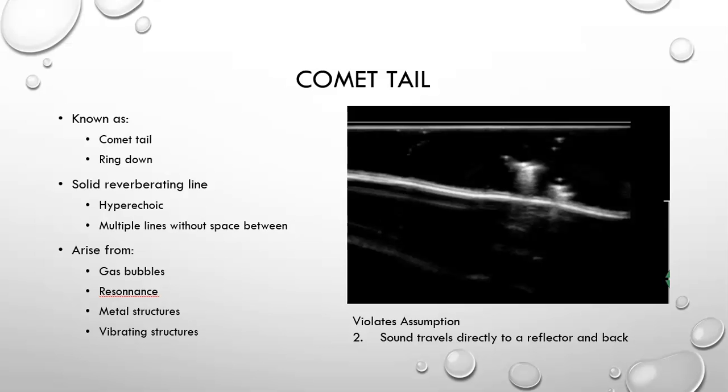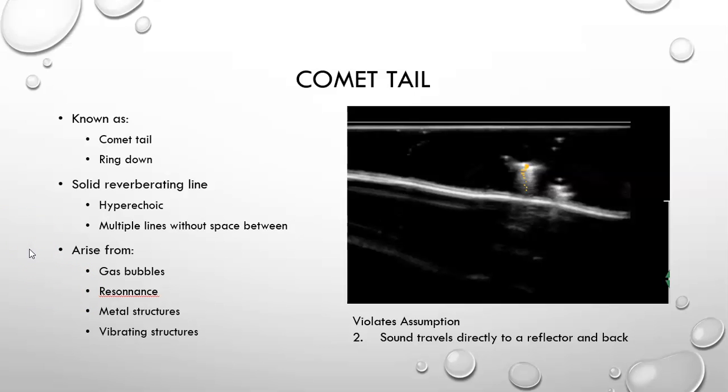What is happening in the comet tail artifact is, again, we're seeing an object, but in this case the object is vibrating back and forth when the sound hits it, and those vibrations cause the constant comet tail type artifact to be emitted from that object, whether the object is a gas bubble or a surgical staple or a BB or something like that.